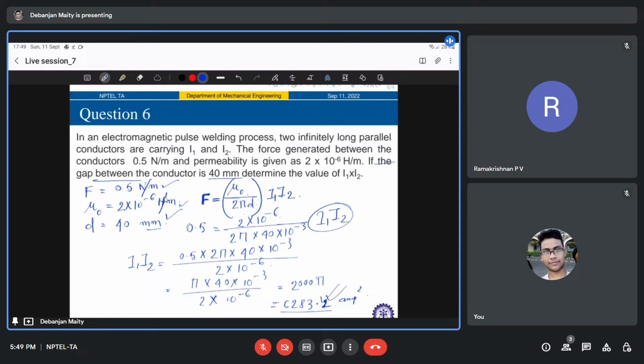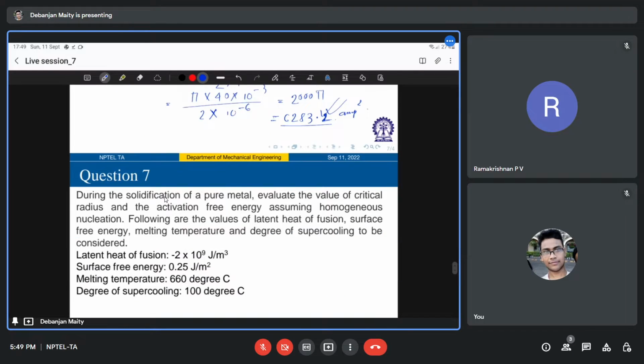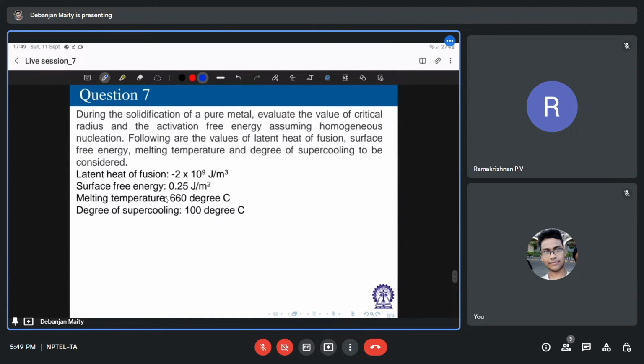Okay, should I move to next question? Take some time to read it. So it says that during the solidification of a pure metal, you need to evaluate the value of critical radius.